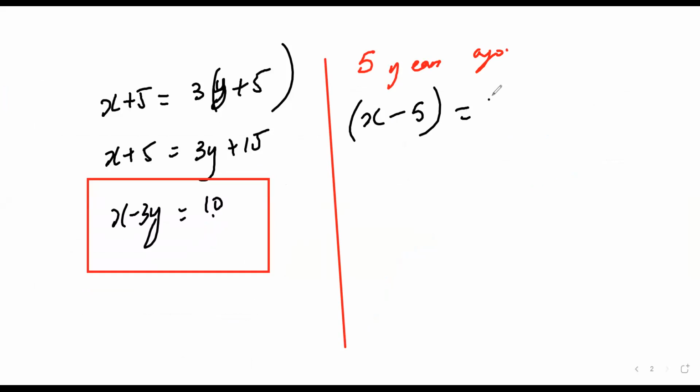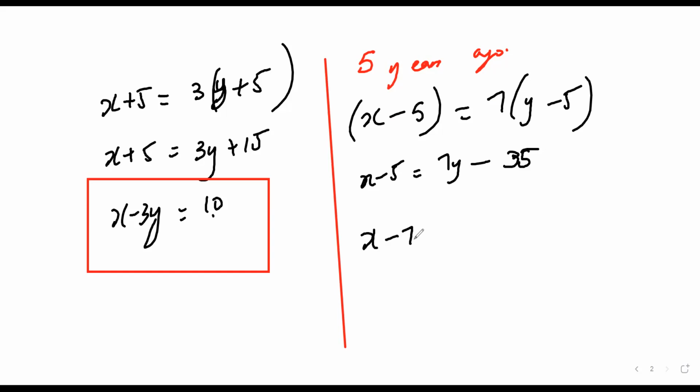He is 7 times that of his son, Y minus 5. So X minus 5 is equal to 7Y minus 35. So X minus 7Y is equal to minus 30.